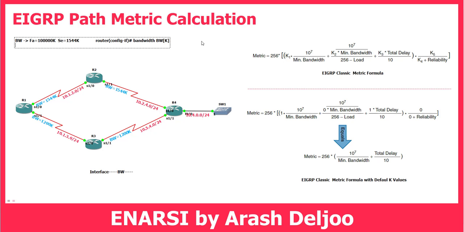After that, let me talk about the next parameter that we are using for the metric calculation in EIGRP. The name of this parameter is the load. What is the load? Load is the amount of traffic that we have on one interface. You know that normally on one interface we can have from 0% to 100% of load.